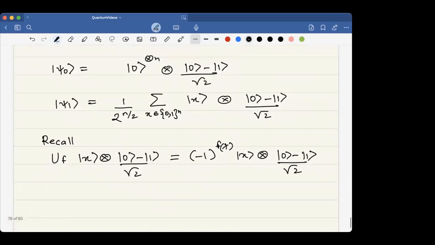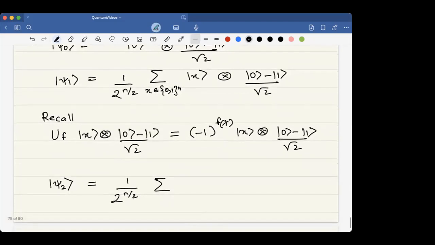So psi 2, which is post the oracle, will be 1 over 2 to the n over 2, summation x belonging to {0,1}^n, (minus 1) to the f of x, x tensor (0 minus 1) over square root of 2.